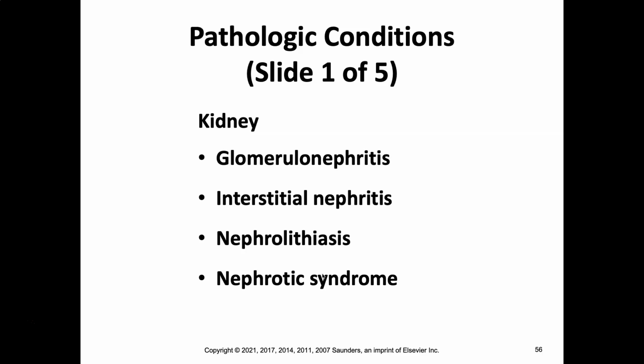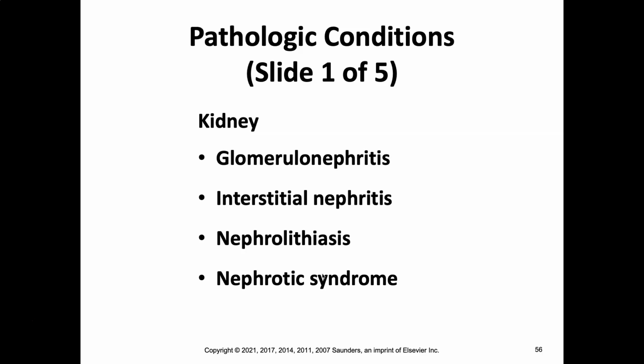You have glomerulonephritis, inflammation of that glomerulus, interstitial nephritis, nephrolithiasis. You remember lithy from the last one? It meant stones. Yes, kidney stones. Many people suffer, and the word suffer is true, with kidney stones. They're incredibly painful and they take a while to pass.